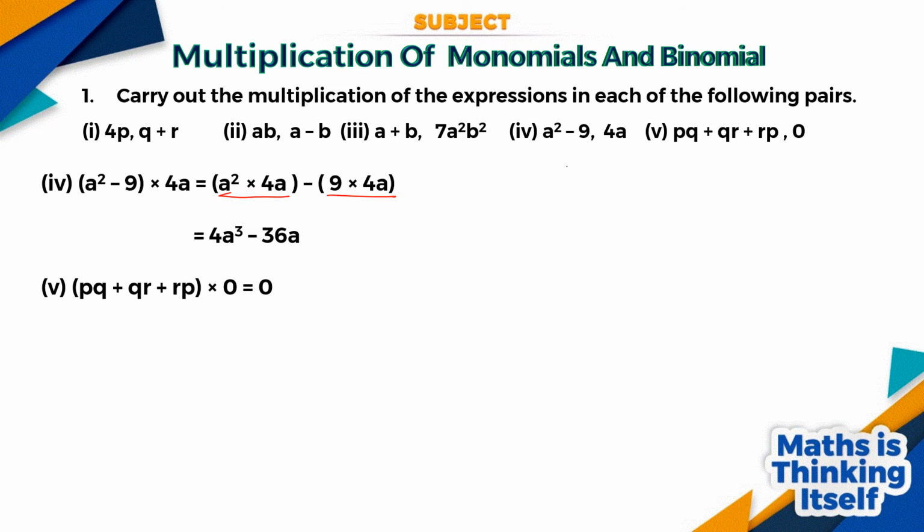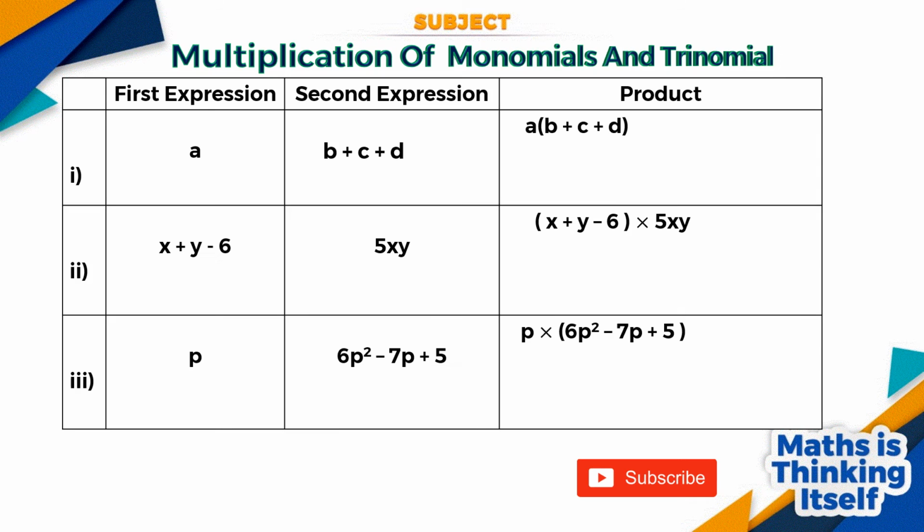Now we learn the multiplication of monomials with trinomials. So let us see the table, question number 2, where the first expression is multiplied with the second expression. Here we have to write a into b plus c plus d. So how to solve it? Similarly, as we solve the monomial into binomial, here this monomial is multiplied with each term in the trinomial.